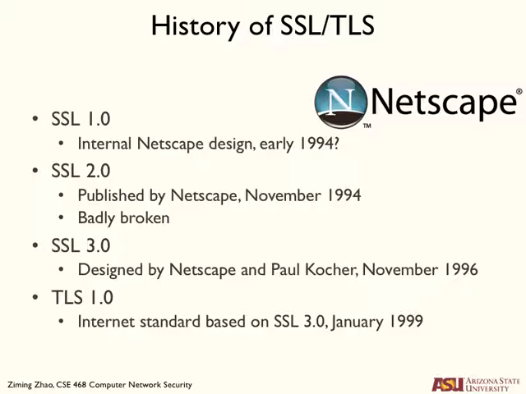So this protocol already has some history actually. It was first proposed by Netscape in 1994. Very, very old. This is the first version. The first version was not publicly available. I'm not sure if you still know the company Netscape. It's still there. But if you know the internet history, you may know that this company actually made a lot of contributions to the internet and the web.